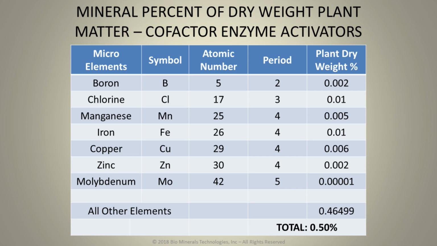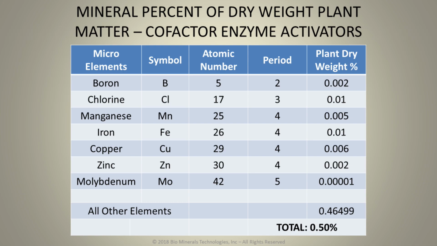These trace elements act as enzyme activators, and now the enzymes within the organism then begin the functioning role of converting these compounds, these elements, into simpler and more complex compounds until we have our plant structure and our plant nutrition.